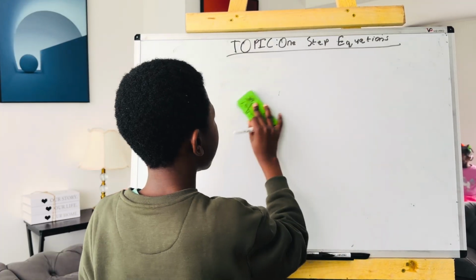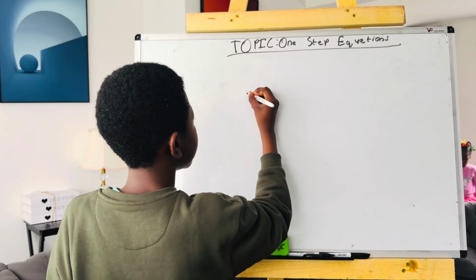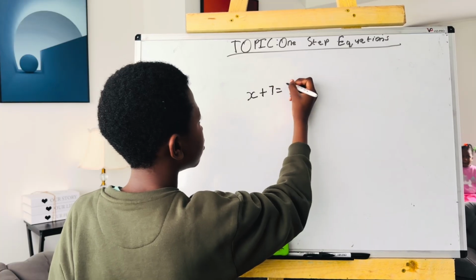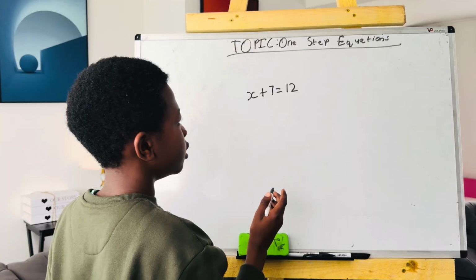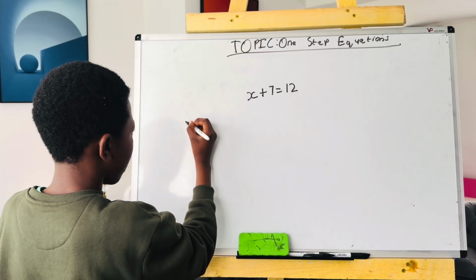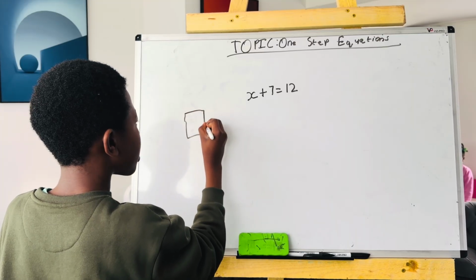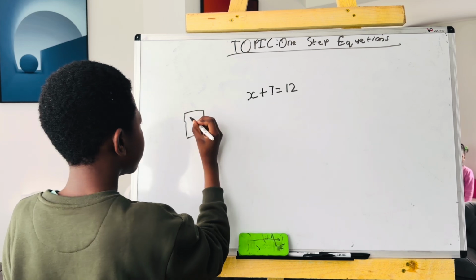To show you what I mean, I'll do a quick example. Let's say x plus 7 equals 12. That is an equation. But a tip to help you remember is that when you're solving equations, you're taking the operator and its owner to the other side.